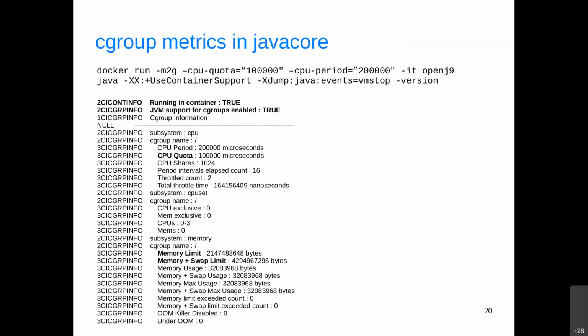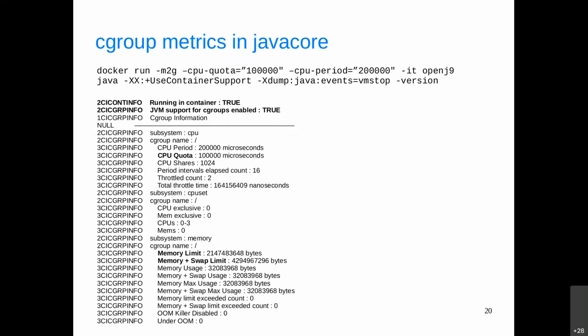So on this slide, I've shown you the snippet from the Javacore that shows the cgroup information that we store in the Javacore. So this information tells you whether the JVM is running in a container or not, and whether the JVM is aware of the container limits or not.